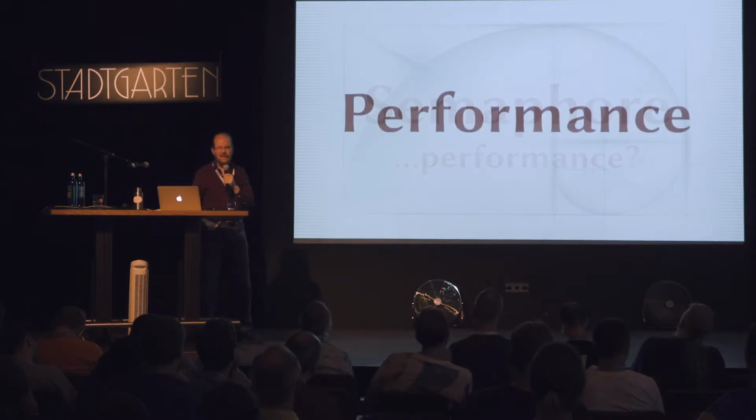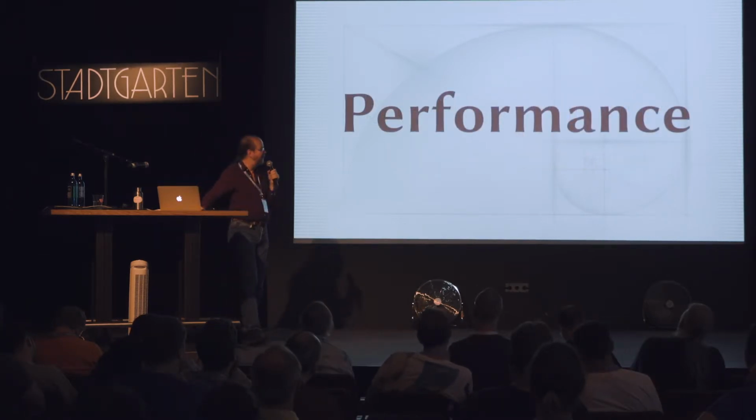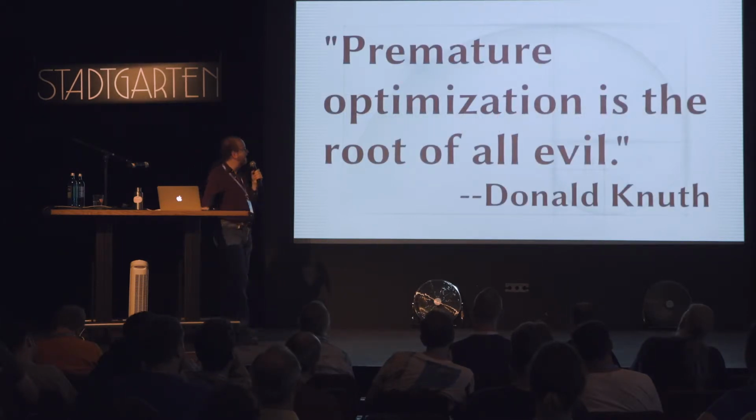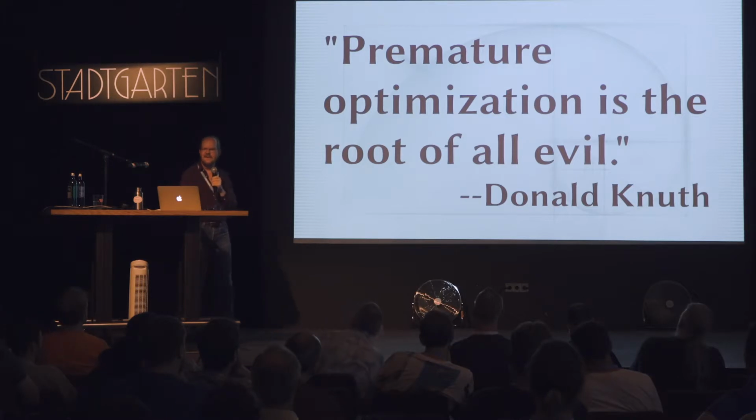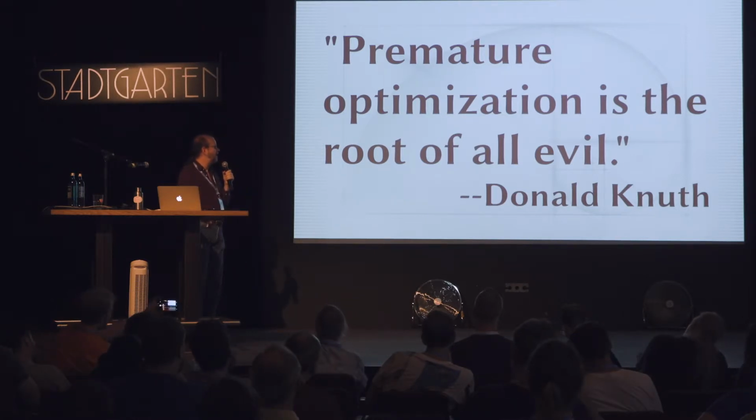So I'm going to digress into a little bit of a rant about performance. I happened to find this quote just a few days ago. I'm not sure I agree that it's the root of all evil, but it's the root of a lot of evil. So I'm going to be talking about some things that you probably shouldn't do, and you probably don't need to do.